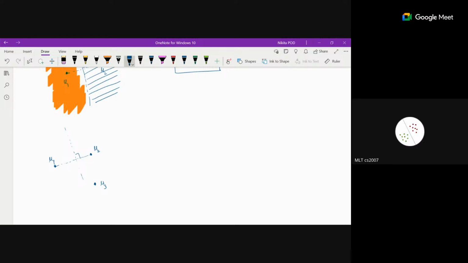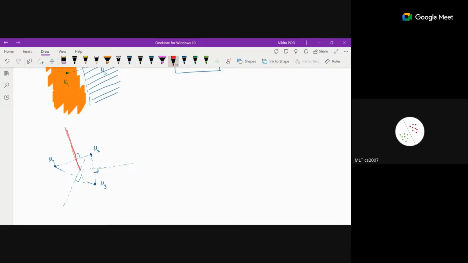Now, to find the partition for mu2 and mu3, again I connect these two and take the perpendicular bisector. Similarly, for mu1 and mu3, I take its perpendicular bisector. So this is what you are getting here.